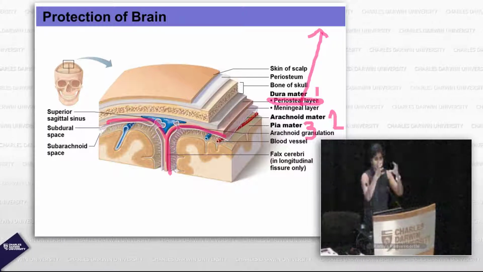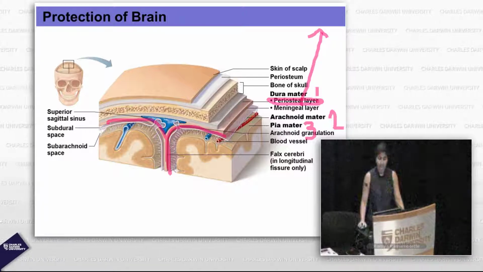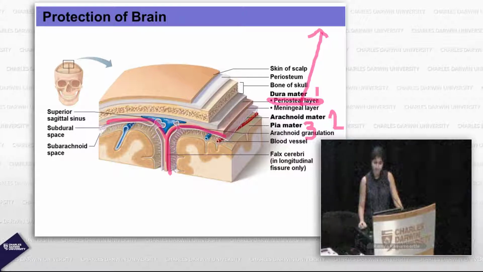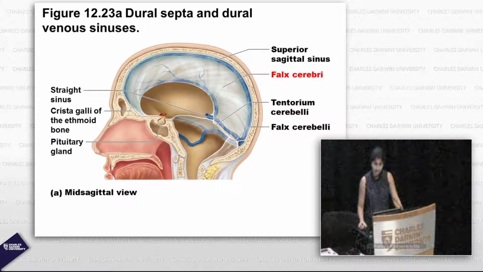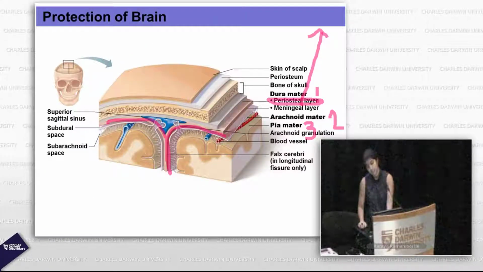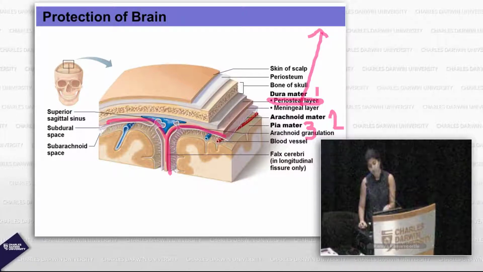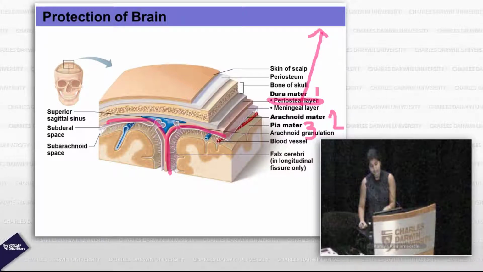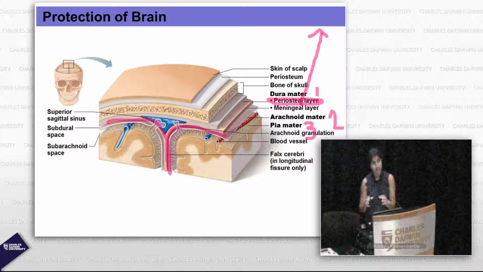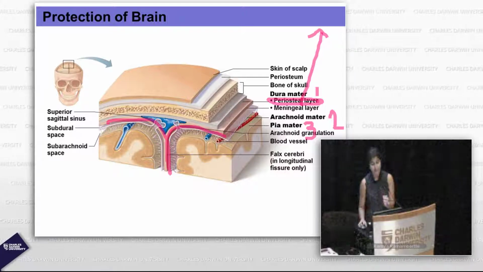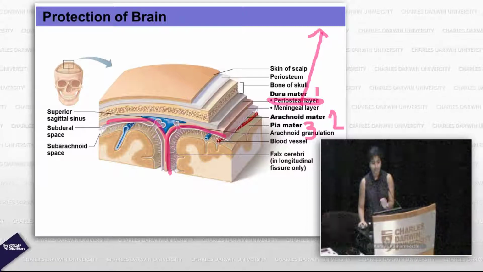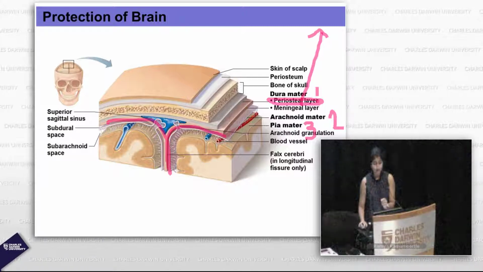That's looked after by dura mater protection. You can also see the blood vessels and other structures are all kept intact, and it prevents unnecessary movements because of these different layer protections. It is also important in sinus formation within your brain structures.